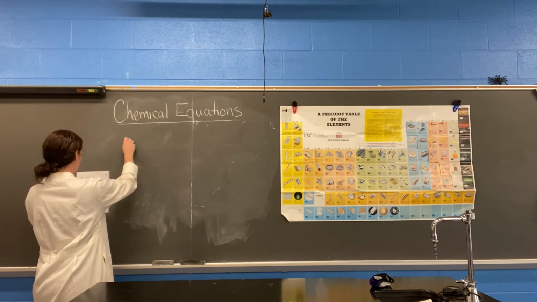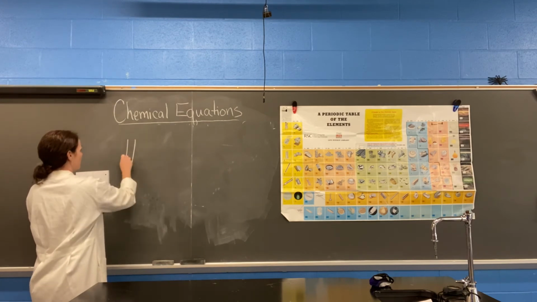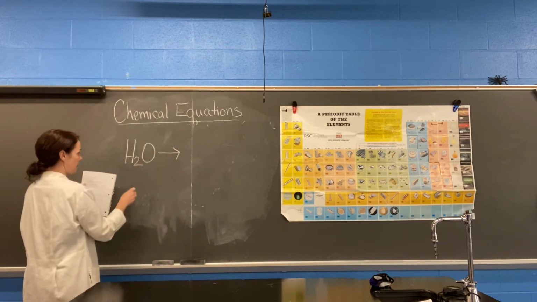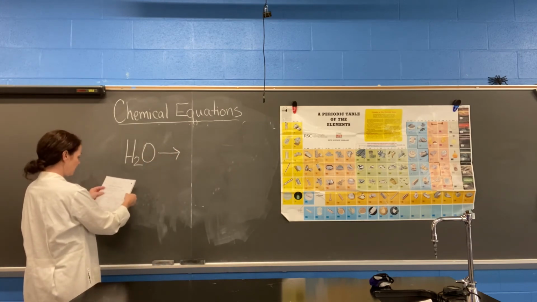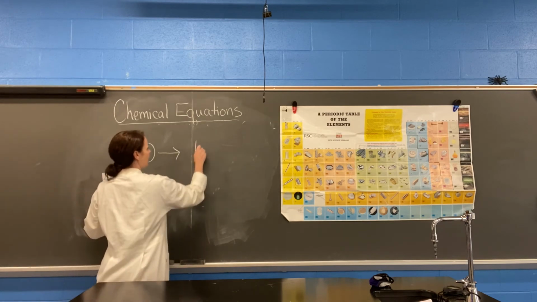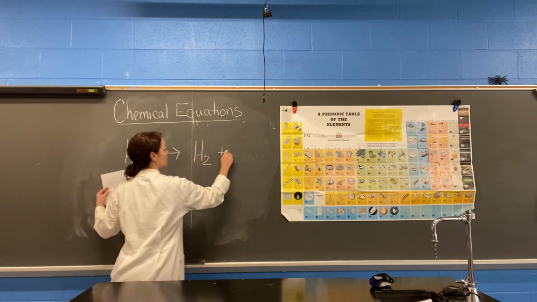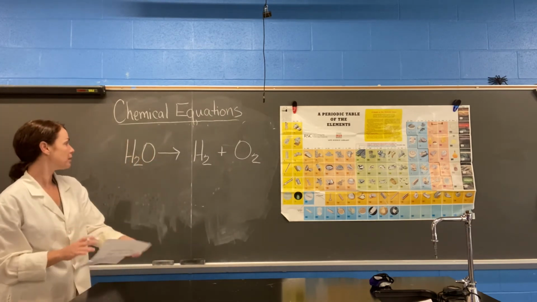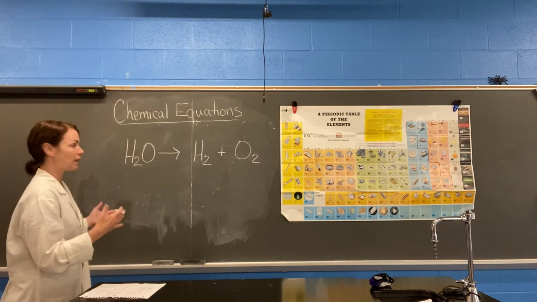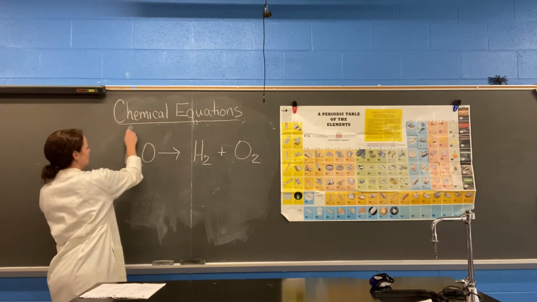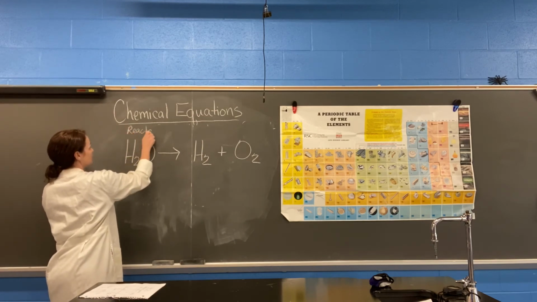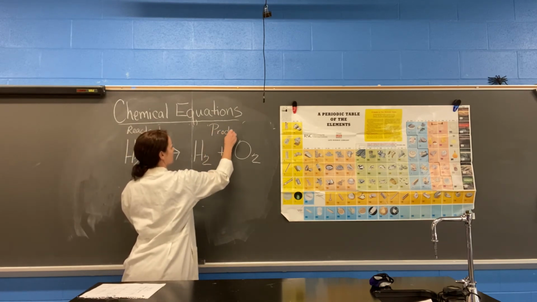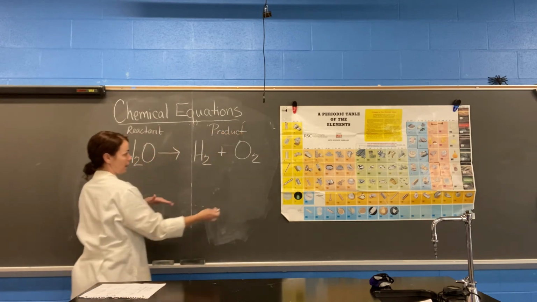We're going to start with H2O, yields, that's how we read that arrow, yields or makes, H2 plus O2. Now remember, when you have a chemical equation, the very first thing you should do is separate the 2 sides, the reactant on the left and the product on the right.